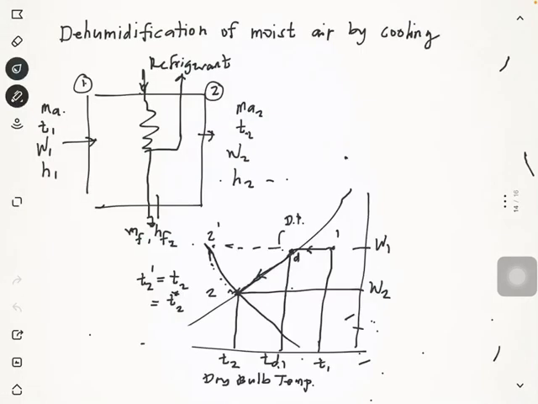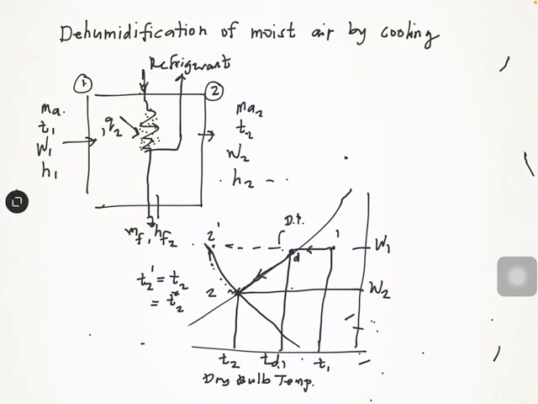I forgot, we have here the Q from 1 to 2. Since this is a refrigerant, so this is the process of cooling of moist air. Okay, so now we continue.